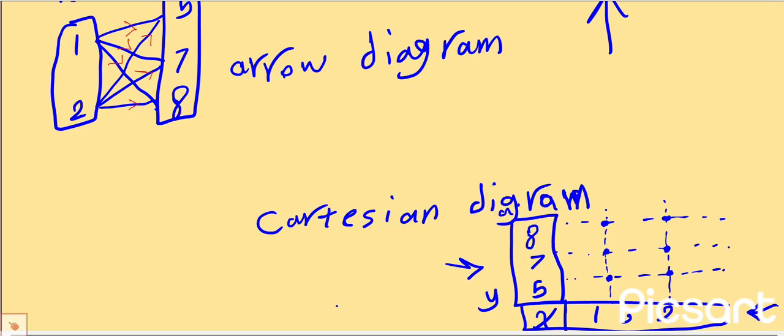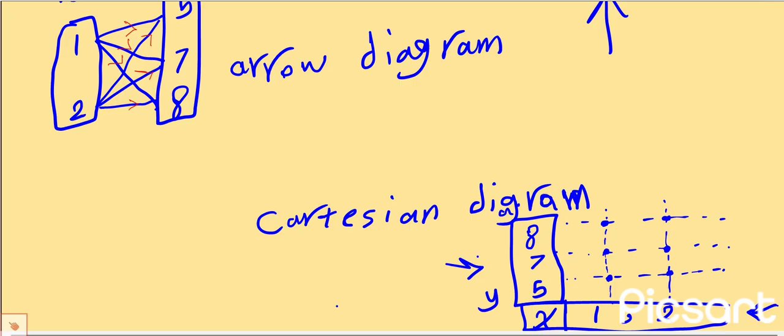The Cartesian diagram. Yeah, I know it's easy, but I feel the arrow diagram will be a little bit cooler. Yeah, we have a complex arrow diagram. You will see this. I see it in the movies, like when they give someone a very hard question, then something anonymous is drawn.